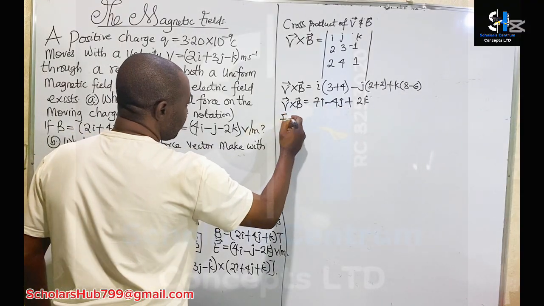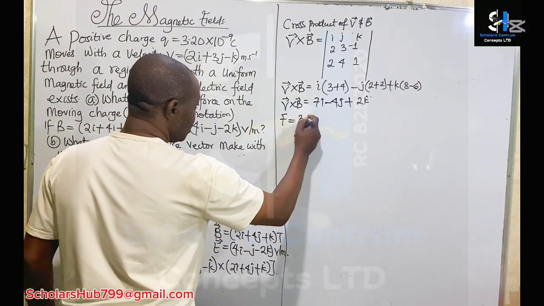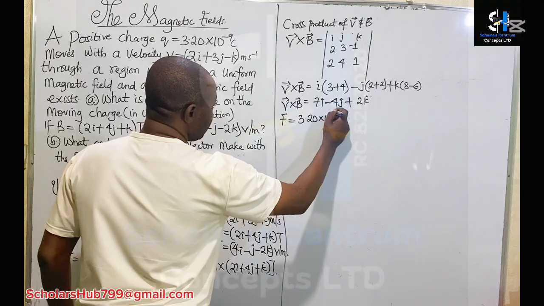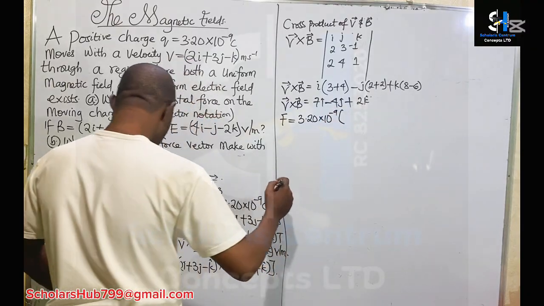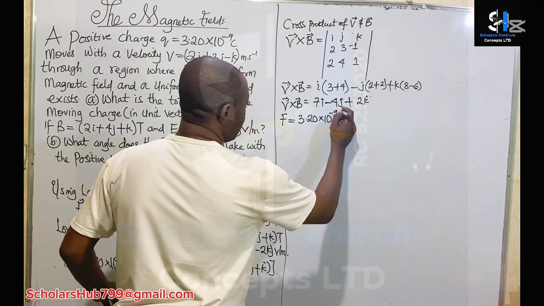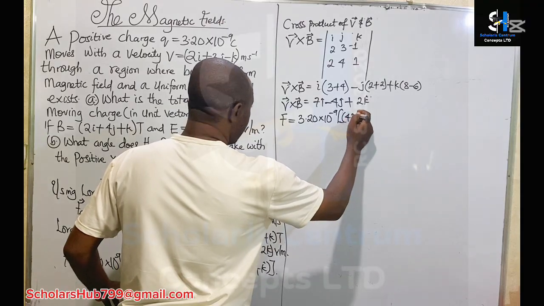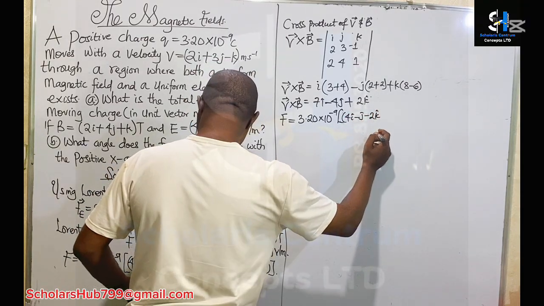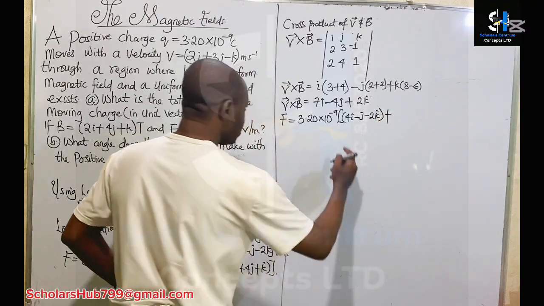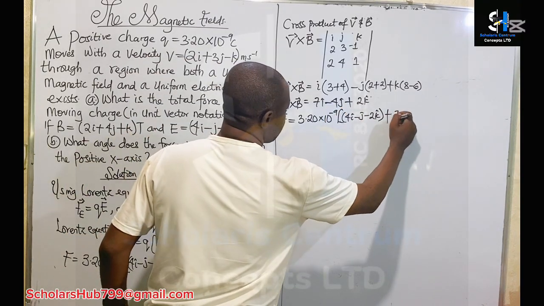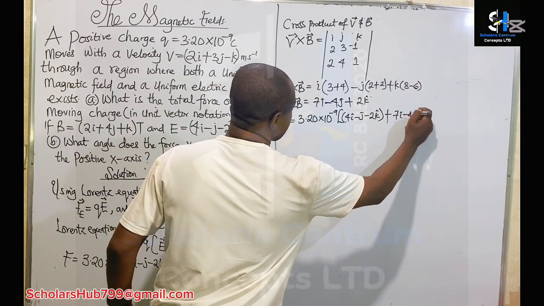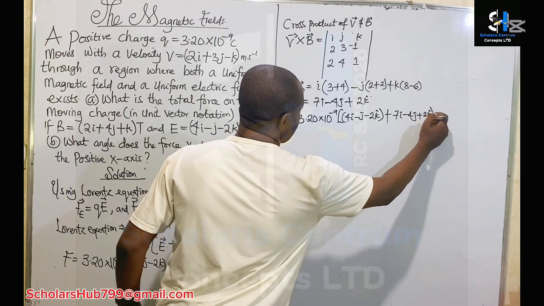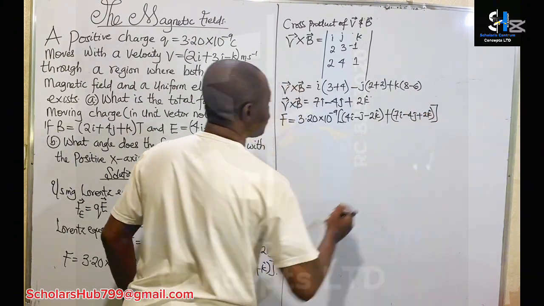So now the first equation will be 3.20 times 10 raised to the power of negative 9, open parenthesis, 4i minus j minus 2k, then plus this vector. So that will be 7i minus 4j plus 2k. Close parenthesis.